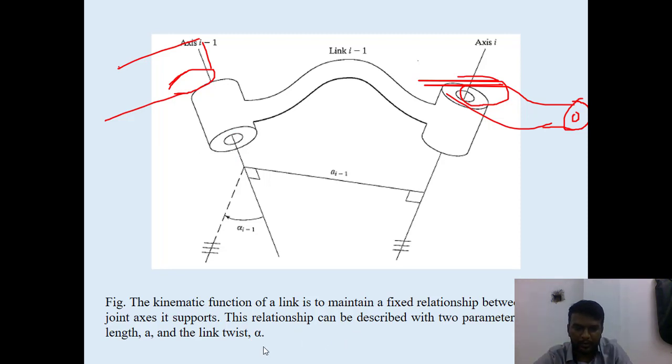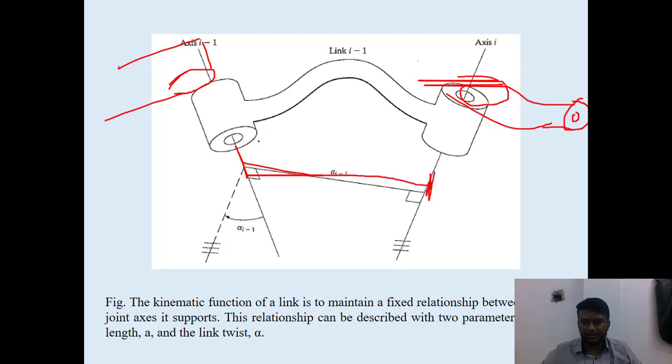There are two parameters that describe the links. One is link length, another is link twist. The link length is nothing but this length, and the twist is this angle. This link is twisted.